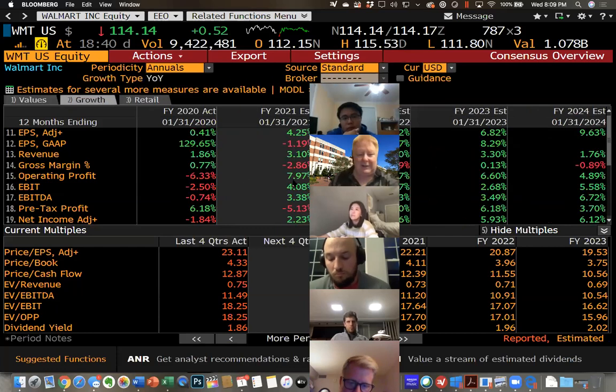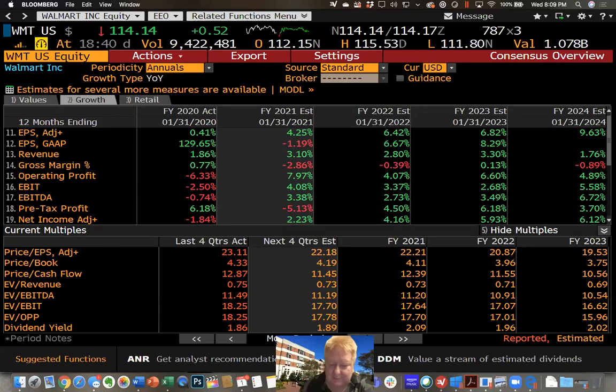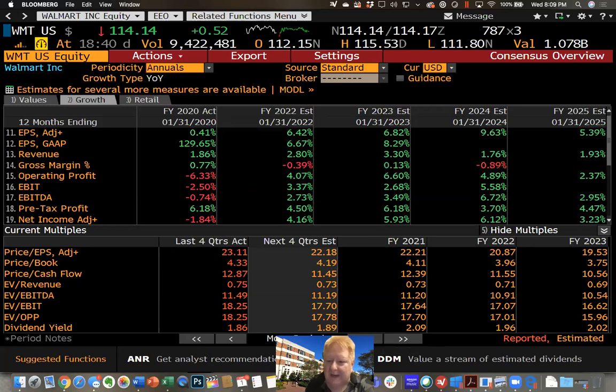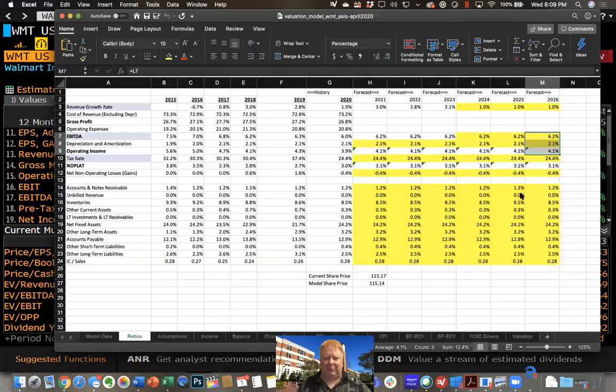I could have seen that in year 4 and 5, they're at like 1.76%, and then 1.93%. So I could have put in 2% for those 2 years instead of 1%, and then lowered my G a little bit. But the point is, I'm kind of backing into the growth and the G.